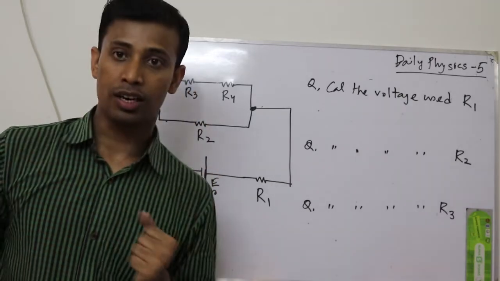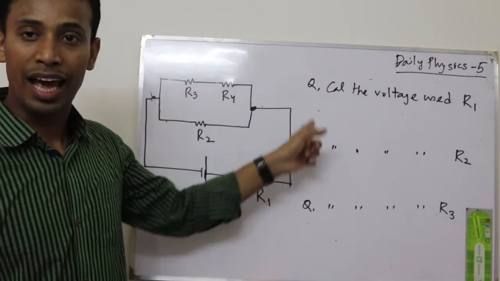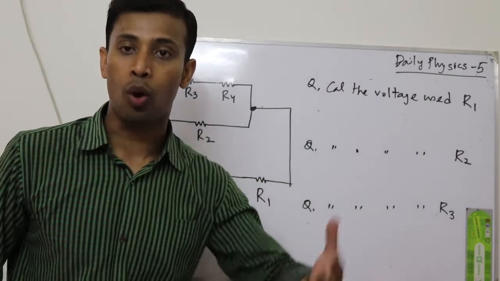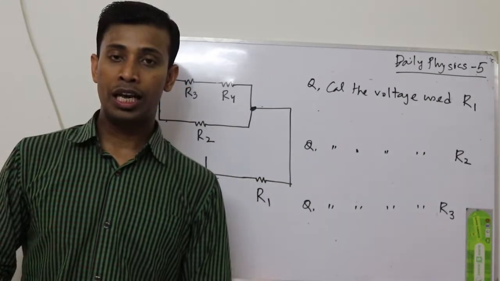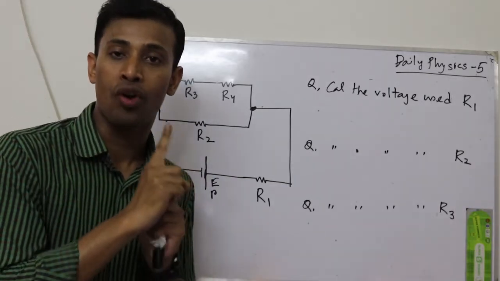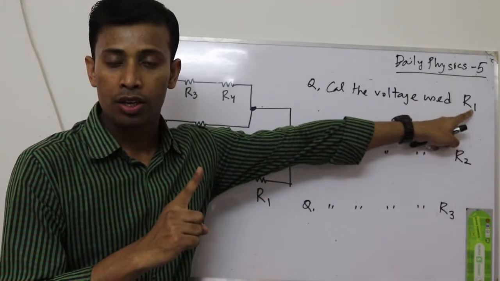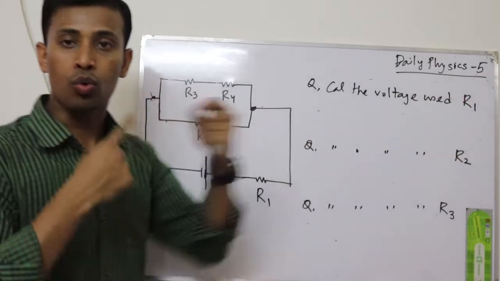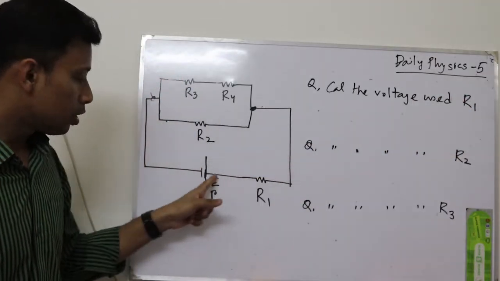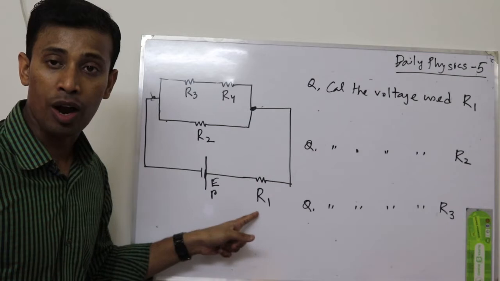So if for this circuit the question asks: number 1, calculate the voltage used by R1, then how will we calculate? Let me tell you, at first you have to see where your resistance is. Here our resistance is R1. So where is R1? R1 is in the main line. Look, this line comes from the cell. So R1 is in the main line.